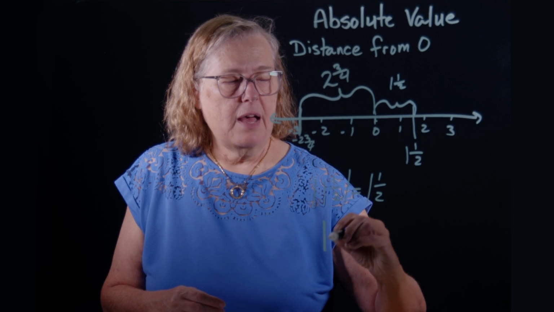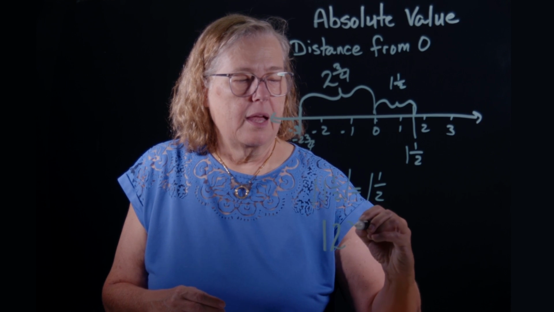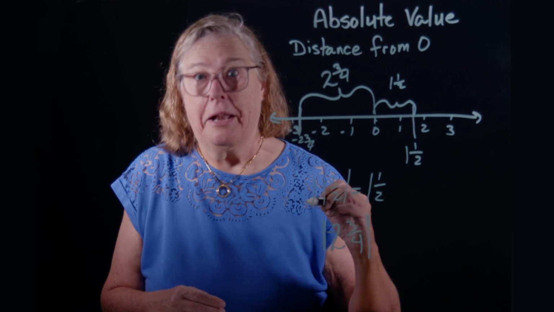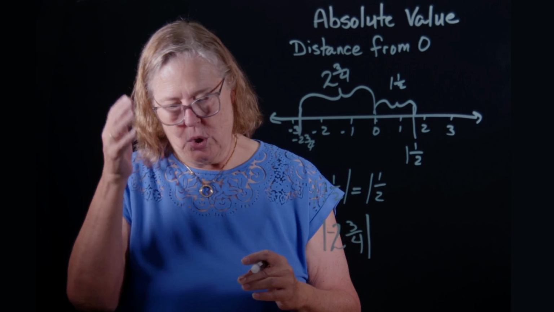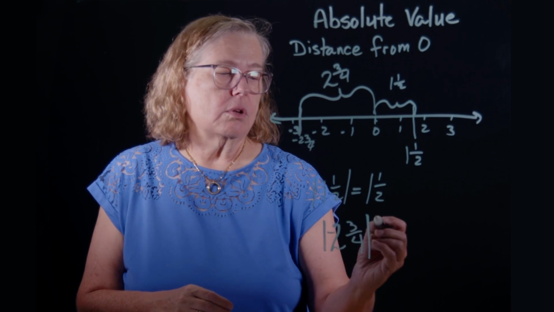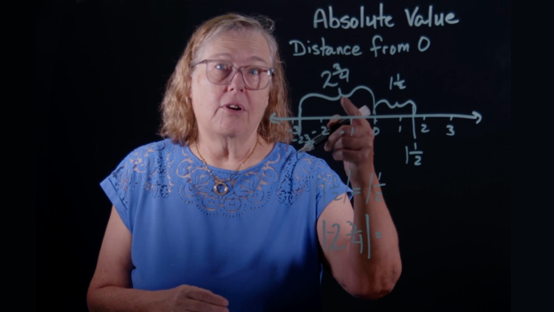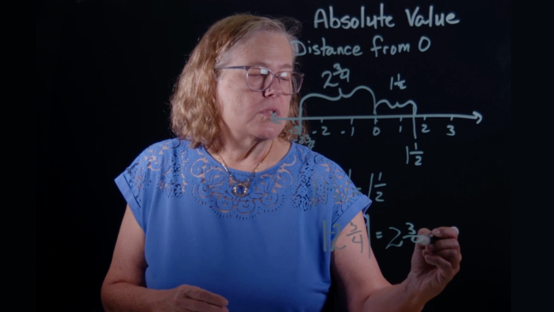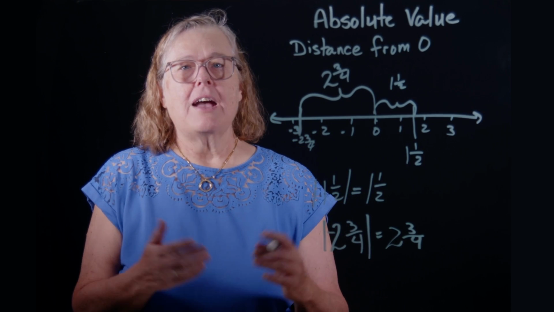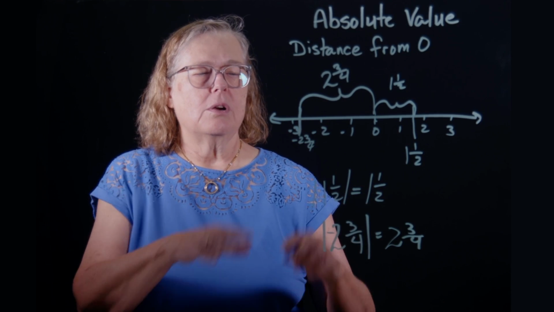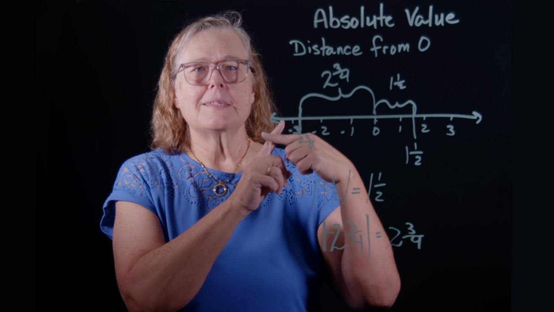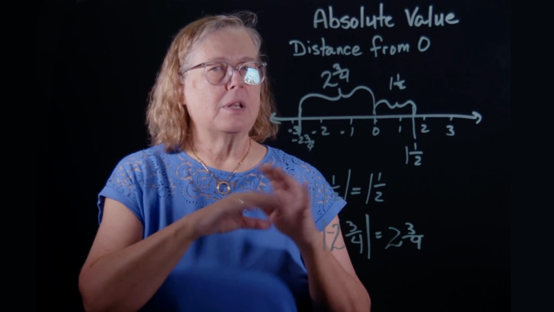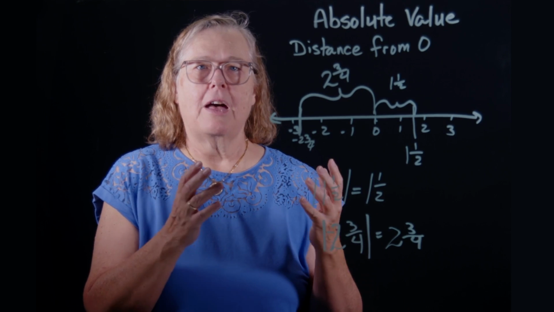So the absolute value of, I lied, a -2 3/4, equals, how far is it? 2 3/4. That's all it is. So when we're finding the absolute value of a rational number, all we're doing is we are keeping the number and making the sign positive. Keep the number, make the sign positive. We never have a negative absolute value. That's it.